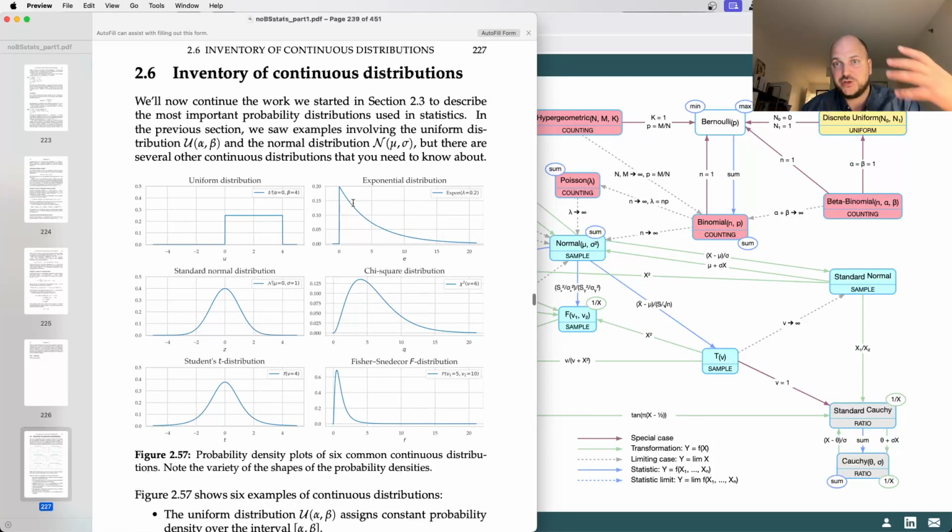So I want you to visually be familiar with all of these distributions, that they exist and have different shapes. For the details, we'll see these three in chapter 3, and the other ones in chapter 5. So when we get to them, we'll explain what they're used for in statistics. But for now, just look at the pictures.